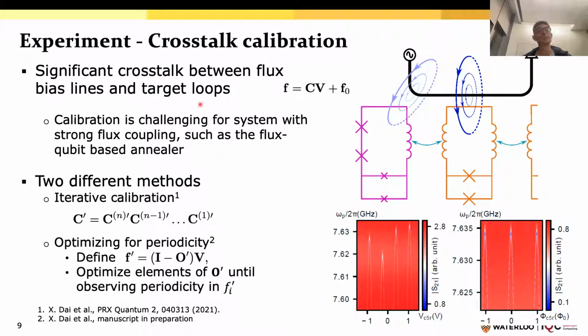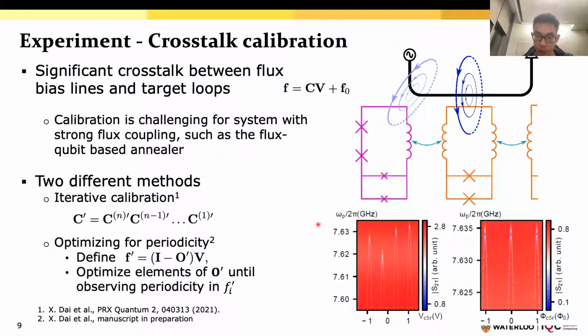We found that there is significant crosstalk between the flux bias lines and target loops, and this becomes particularly challenging to calibrate because our flux qubits in general have a pretty strong flux coupling between the elements, like the qubit and the couplers or the resonators. And this is generally true for these flux qubit based annealers, where we also want independent control.